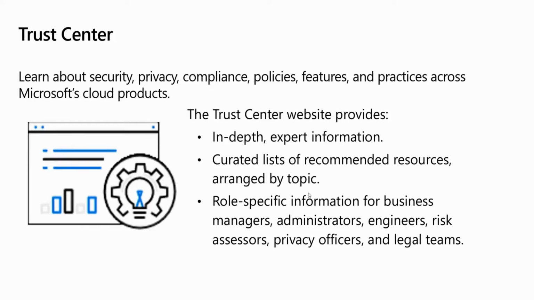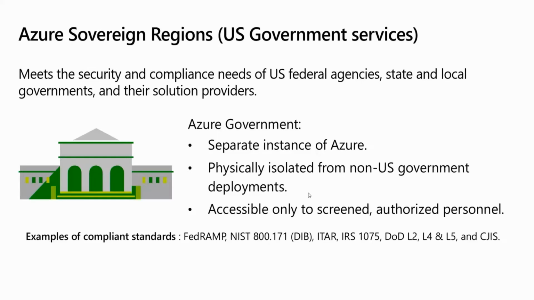Last two things that I want to discuss before we wrap up this module. We have two separate instances of Azure. The first one, like I mentioned, is our US government services. Now, this is a completely separate physical instance of Azure. So this isn't connected with any of the other data centers, and you can only access it if you are authorized to.